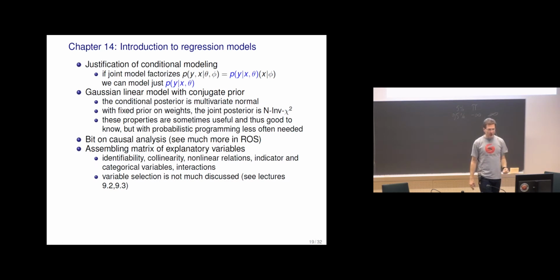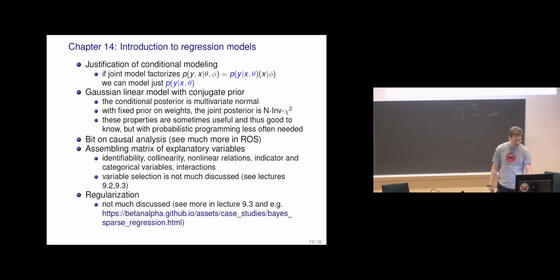Specifically, what BDA3 is missing is variable selection. It's not discussed much, but you can see lecture videos 9.2, 9.3, and the material I referred to there. There's a lot on variable selection and my recommendations on how to do that. Regularization is not discussed much.